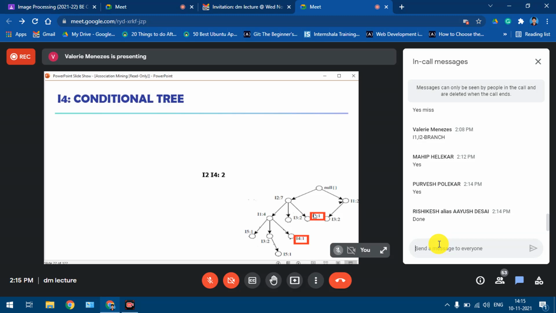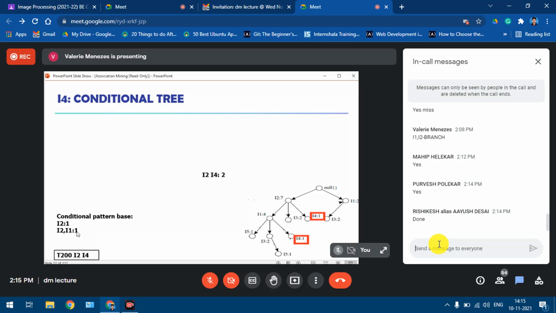So here I2, I4 is one branch, then I2, I1, I4 is another branch. So we get a conditional pattern base as I2 is 1 because here the count of I4 is 1. Then we have I2, I1, I4. So this branch we take. And again the count of I4 for this branch is appended over here as 1.